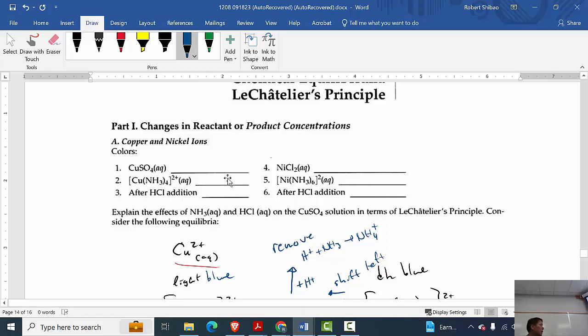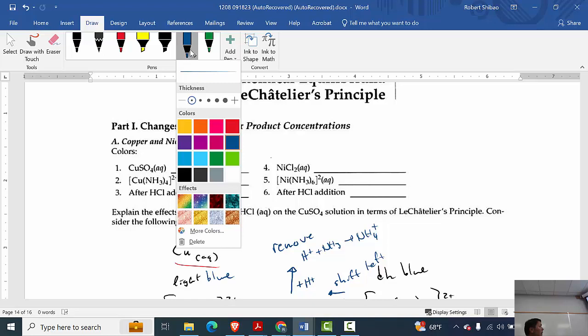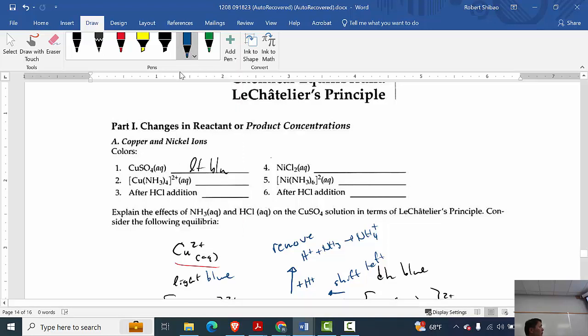So what did you get for the color for the copper 2 sulfate solution? Okay, clear blue. So you had a light blue color for this? Okay, so we put light blue. How about the tetramine copper 2? This is not blue. Dark blue.